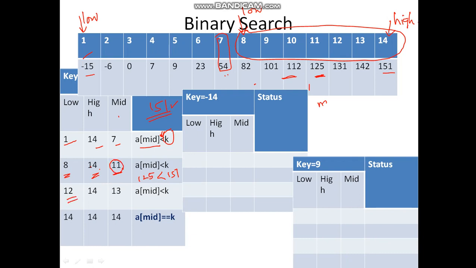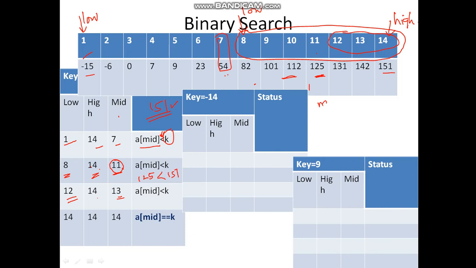Now my problem is reduced from 1 to 14, to 8 to 14, to 12 to 14. I have to check whether 151 is present between A of 12 and A of 14, since it is not present at A of 7 or A of 11. Now my mid is 12 plus 14 divided by 2, that is 26 by 2, which is 13.